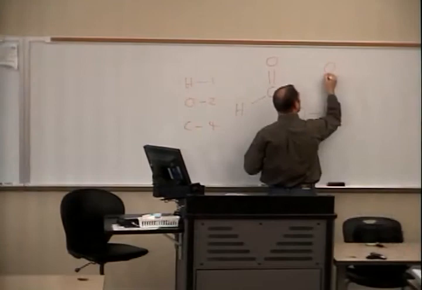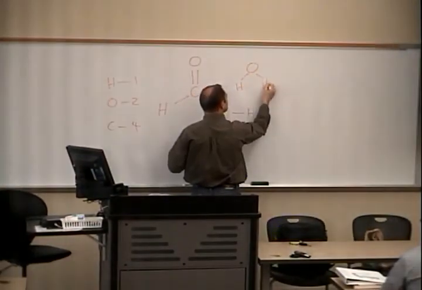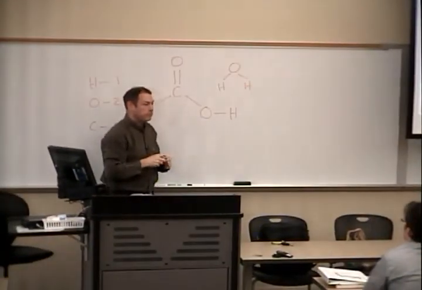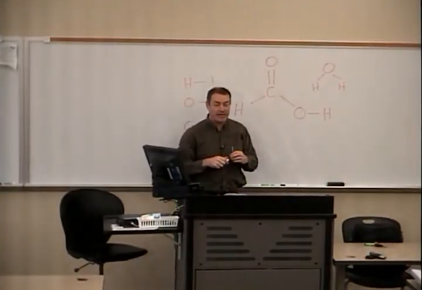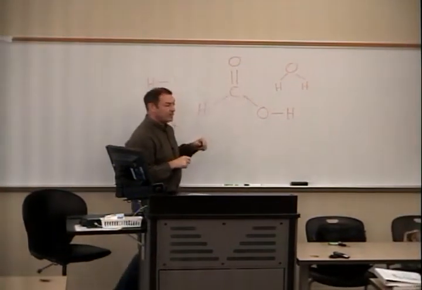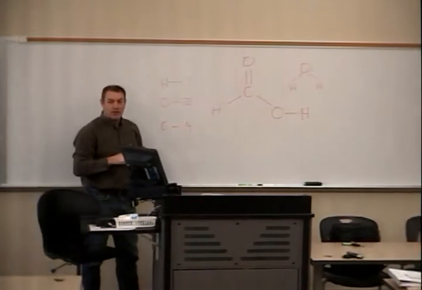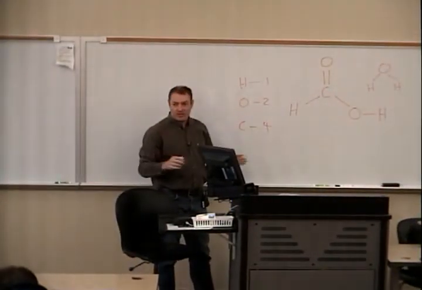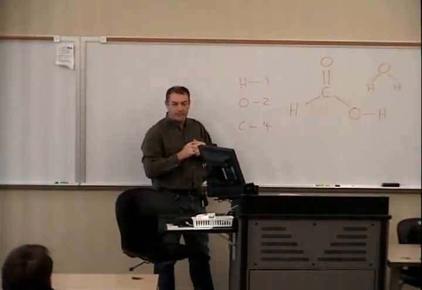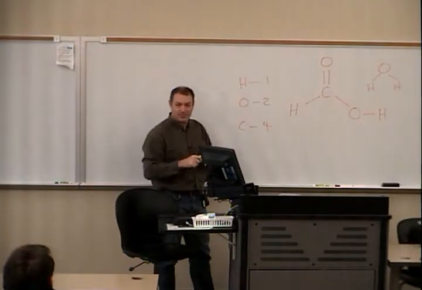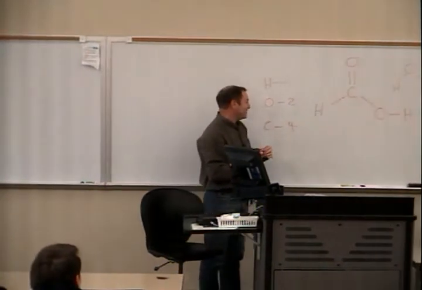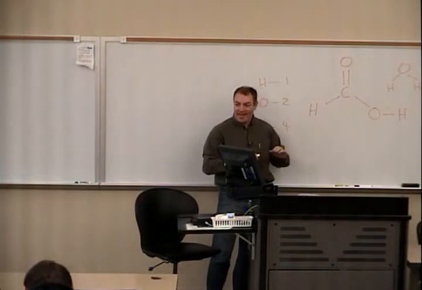There's the O. Let's connect them to two hydrogens. Oxygen makes 2 bonds. Hydrogen makes 1 bond. Hydrogen always and only ever makes 1 covalent bond. Oxygen makes 2 covalent bonds. Carbon makes 4. Do you reckon there's an element, an atom, that only ever makes 3? Yeah, there is. And it's nitrogen. In fact, that's a little bit of a lie, because sometimes nitrogen makes more than 3, but let's keep it simple.